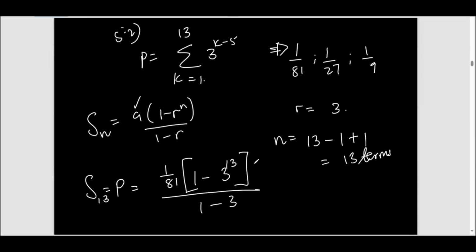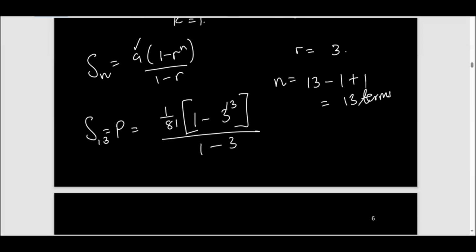There's no harm in using this formula or the other one. For as long as the substitutions are done correctly, you should arrive at the same answers. Punching 1 minus 3 to the 13 in the calculator, over -2, the answer I'm getting is 797,161 over 81.